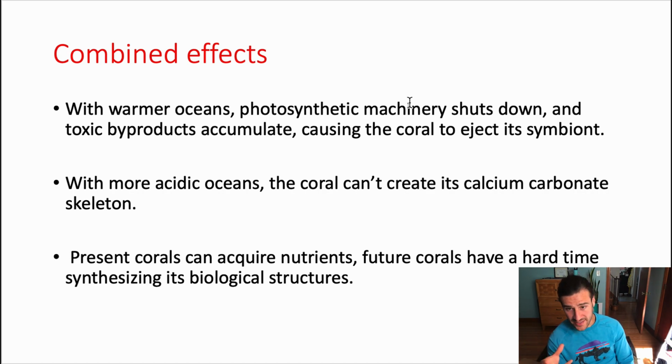With more acidic oceans, the coral can't even create that calcium carbonate skeleton. So present corals can't acquire sugars using their symbiote because they have to spit them out, and then future corals won't even be able to synthesize the biological skeletal structures that give them rigidity.